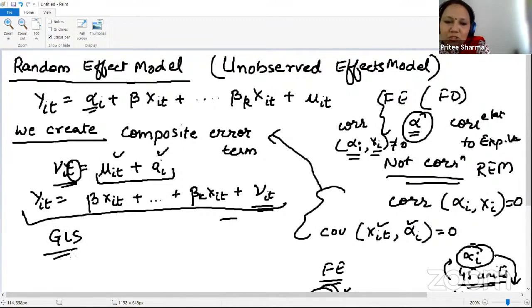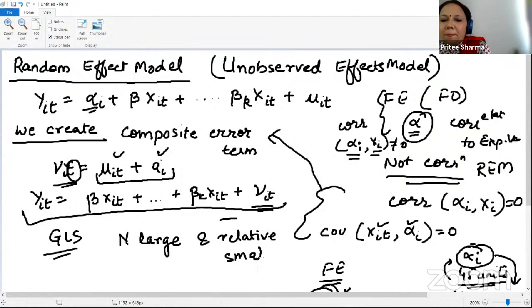And we can use the generalized least square method if we have large n and relatively small t. What does this mean?